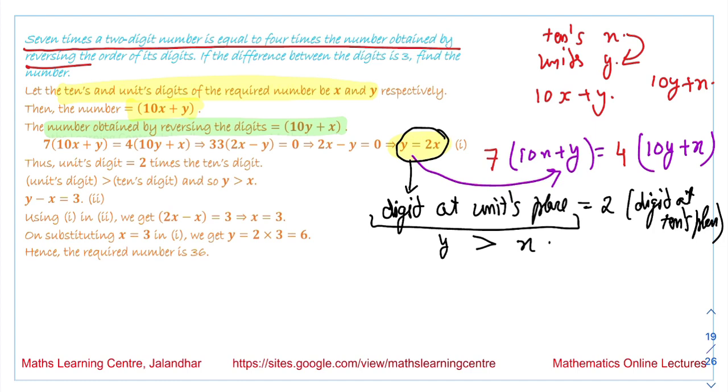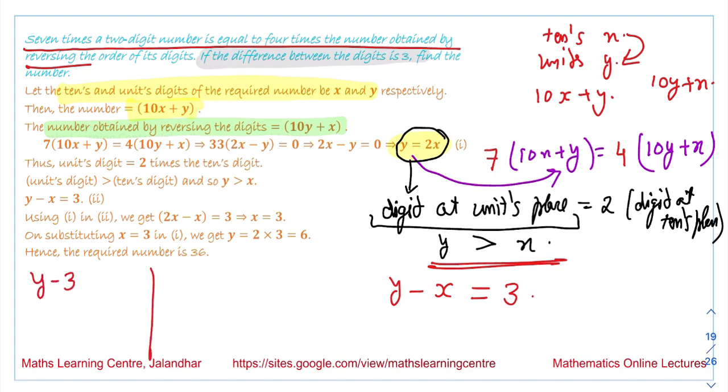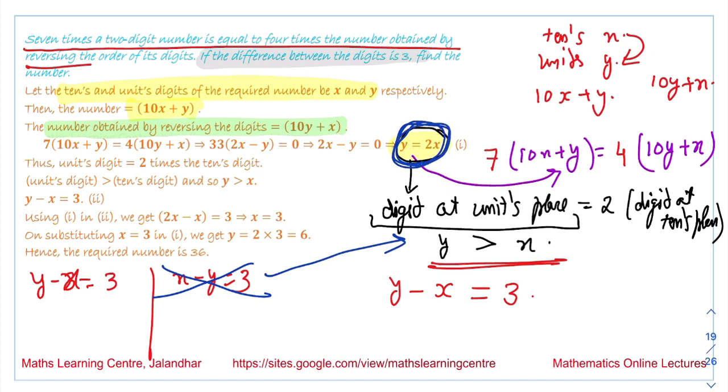Now the next thing that is given to us is that the difference between the digits is 3. Now y is greater than x, so y minus x is given to be 3. Otherwise, x minus y can be 3, but this is not possible because y is greater than x, which comes from y is equal to 2x.